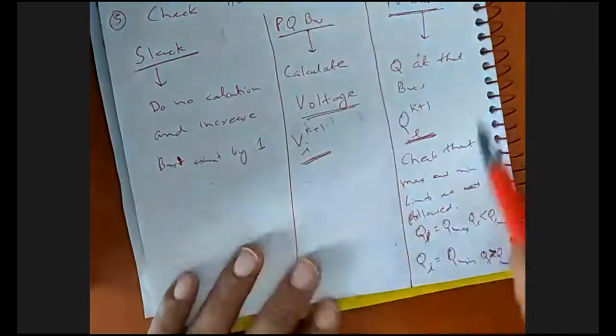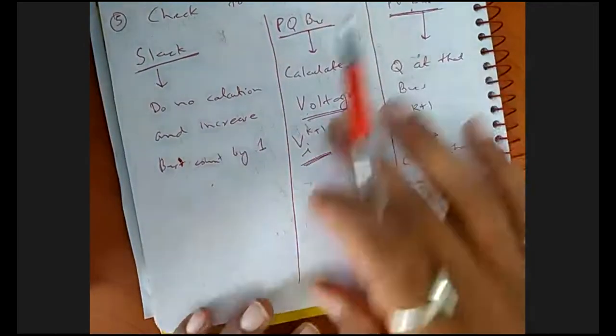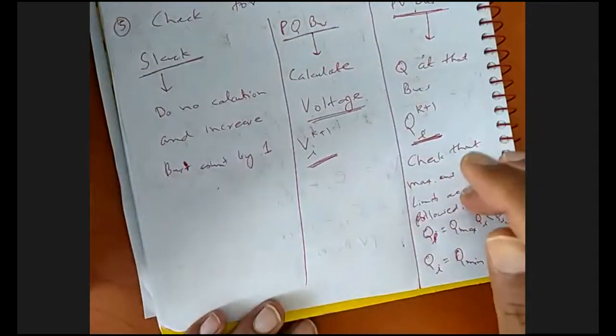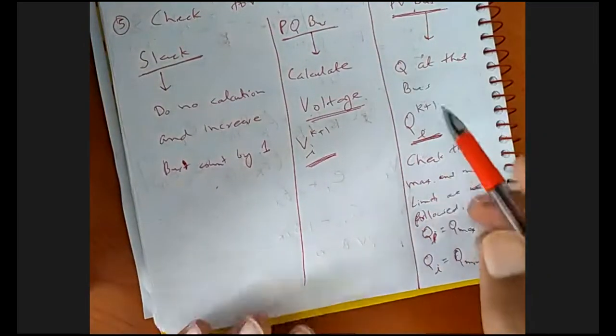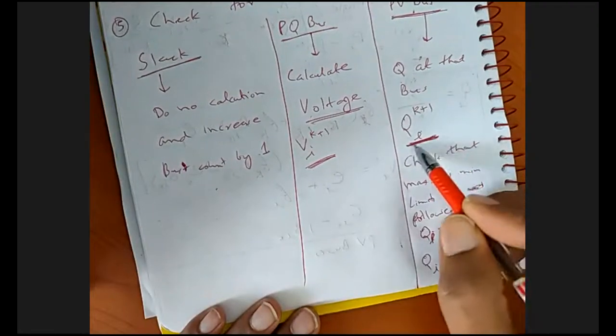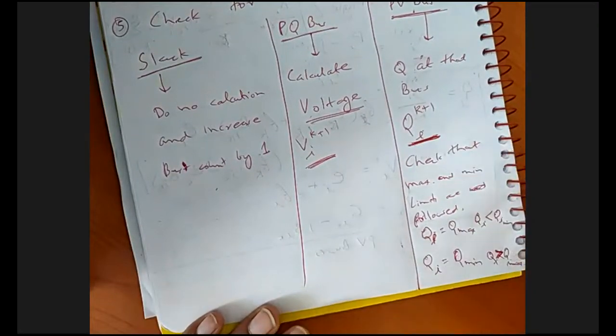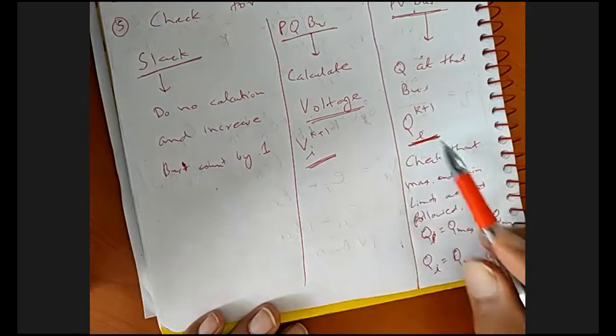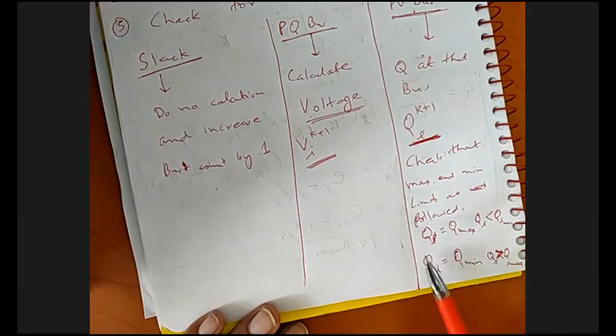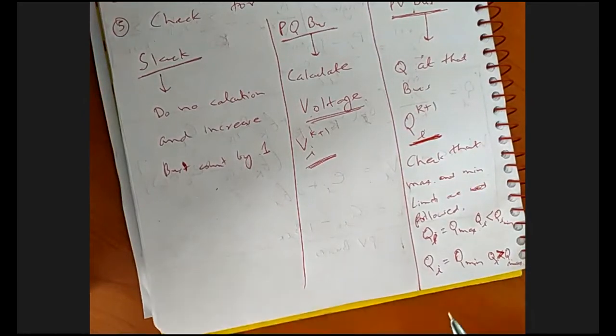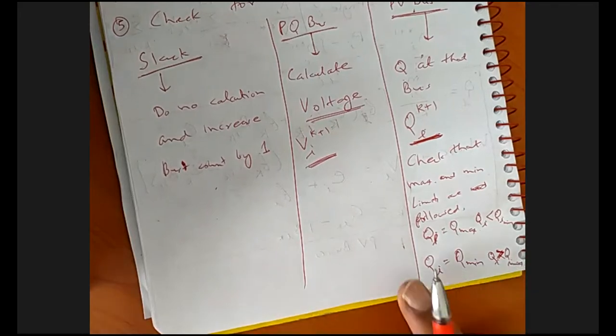But if we have a PV bus also, then your algorithm will be slightly modified. First we have to calculate what is Q_i^(k+1), and once calculated, we have to check that the maximum and minimum limits are not violated. Else we have to set them at the minimum value or maximum value as per the condition.